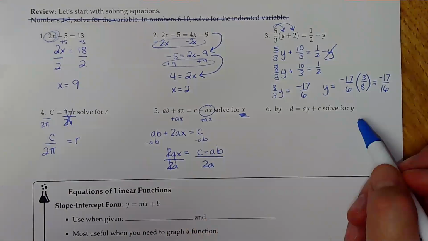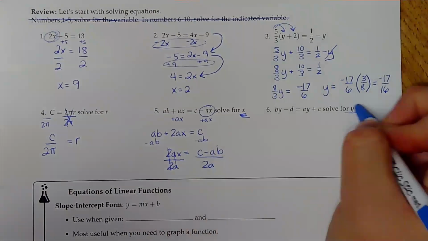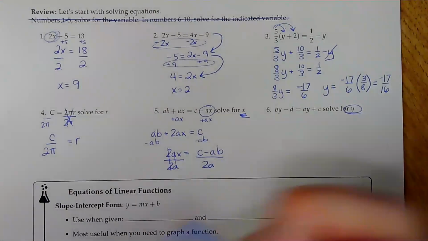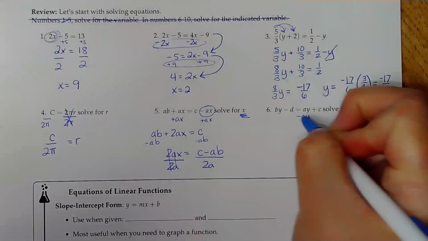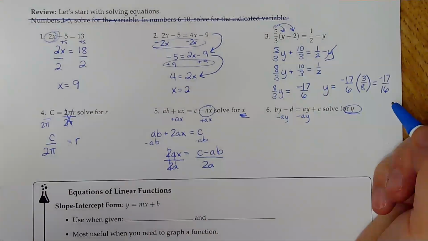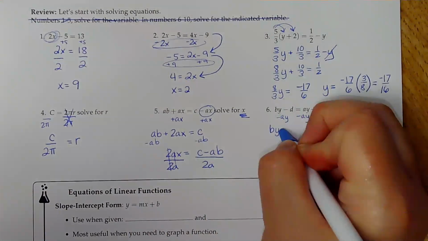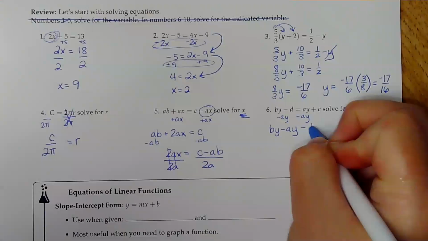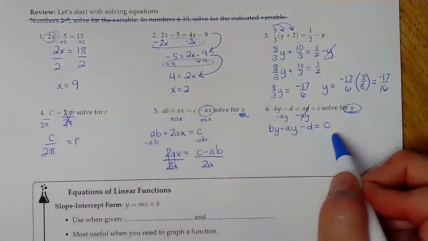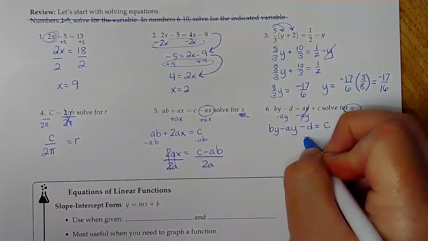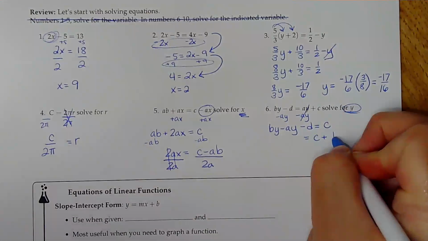And then we have one last one here. We are solving for y this time. I need to put all my pieces with y on the same side. So let me move that ay over. So I have by minus ay minus d equals c. I'm going to add that d over to the other side. So I have c plus d.